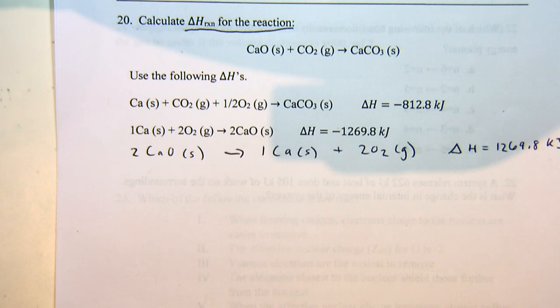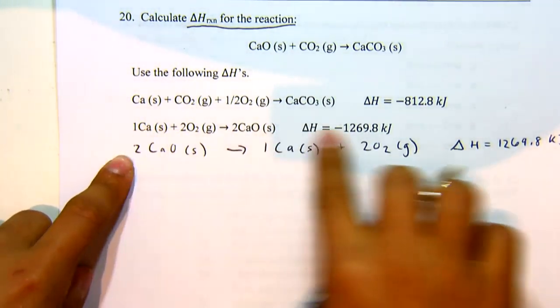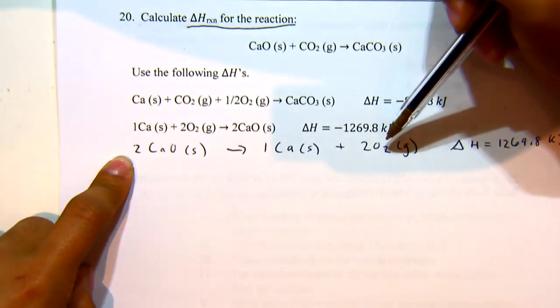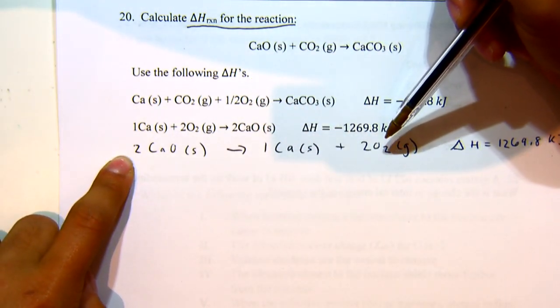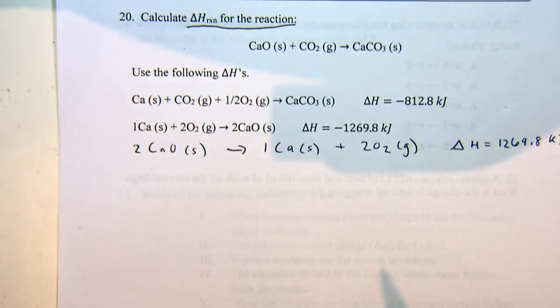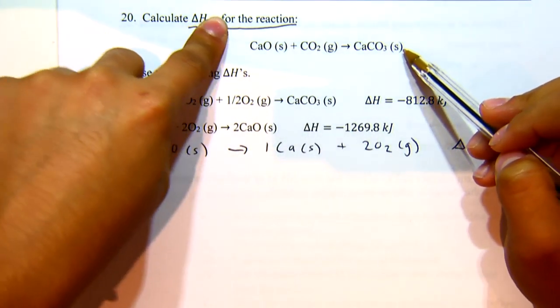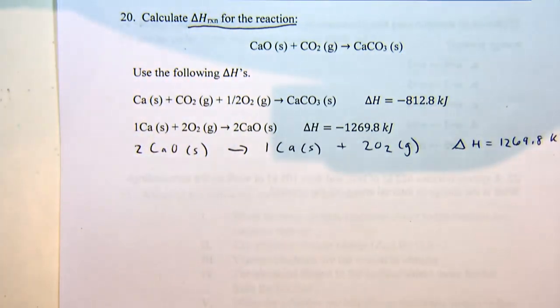Now, we also have to think about whether everything is going to cancel out correctly, or if anything has to be multiplied. There are probably two ways you could go about this, but when I see that I have a 1/2 here, and I already have an oxygen of 1/2 over here that needs to be canceled out, because the oxygen doesn't end up in the overall equation.